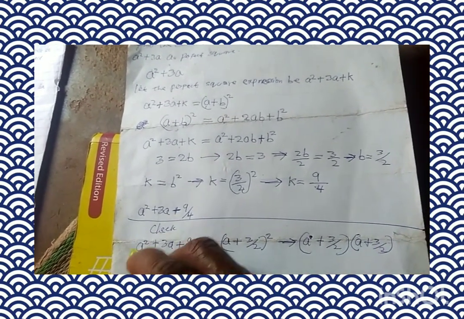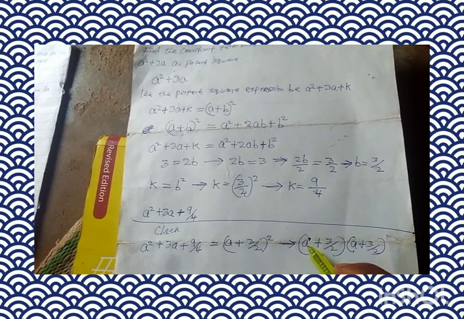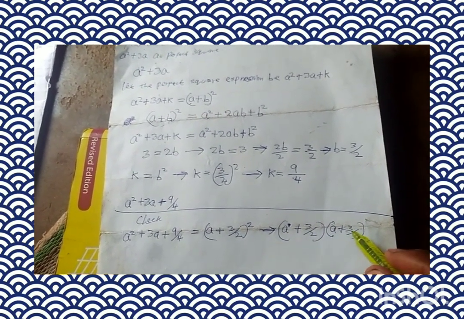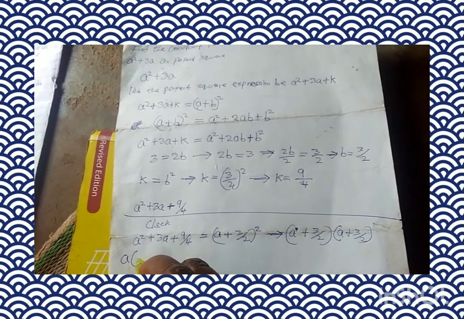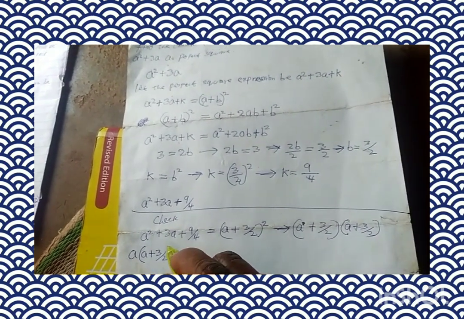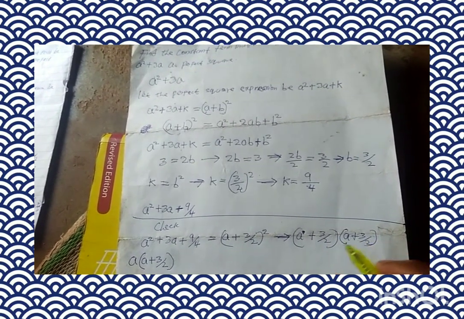The a multiplies everything inside the second bracket, and the 3 over 2 also multiplies everything inside the second bracket.